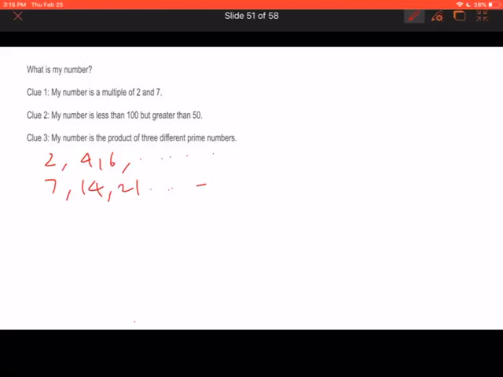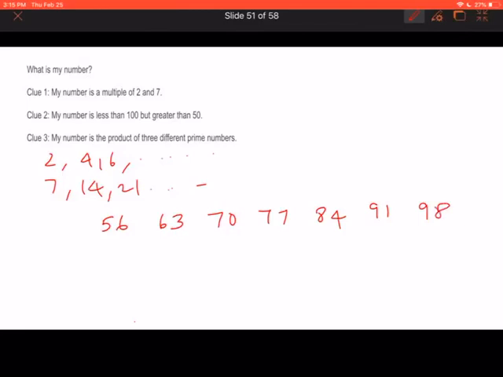My number is less than 100 but greater than 50. So we have to write multiples greater than 50 and less than 100. Let us start with the multiples of 7 because the number of multiples will be fewer in this gap. So it is 56, 63, 70, 77, then 84, 91, 98, right?